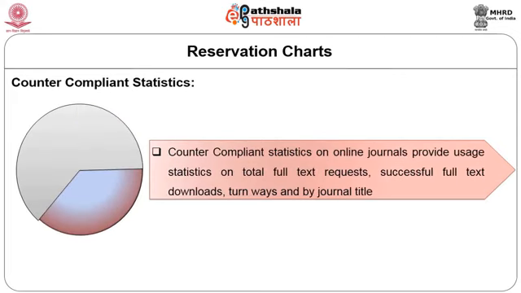For journals also, the COUNTER compliant statistics are extensible. A library can keep track of the usage even during the trial, about the number of login sessions, successful full-text downloads, turnaways, PDF downloads, etc., which may help to make a decision on its retention or discontinuation.